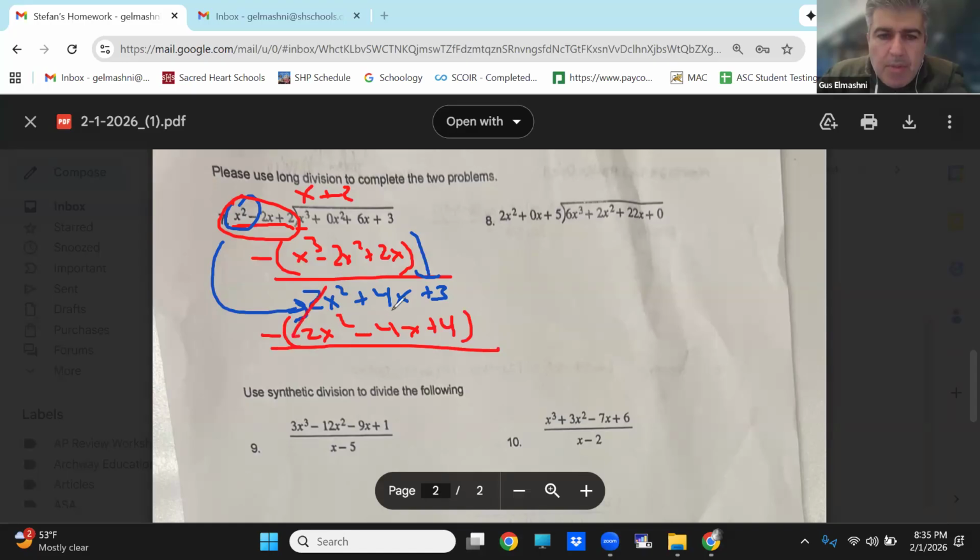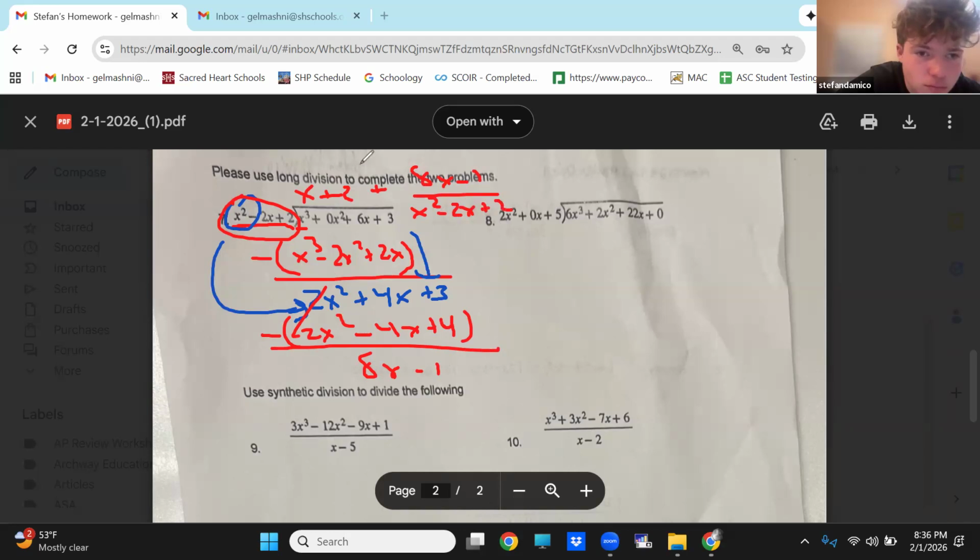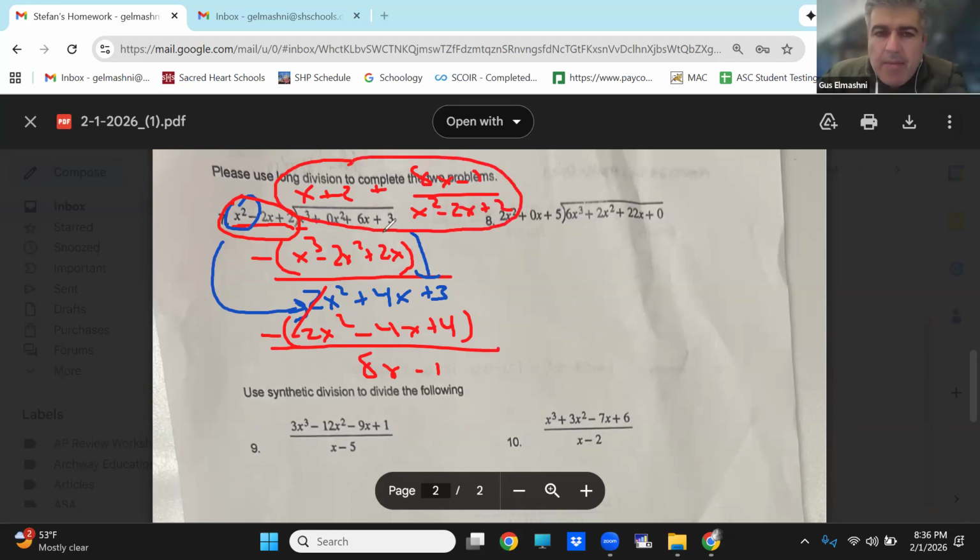Those go away as they should. But then that's 8x minus 1. That's your remainder. So you write it as this plus 8x minus 1 over the divisor. And really what you're doing is you're kind of rewriting this expression.